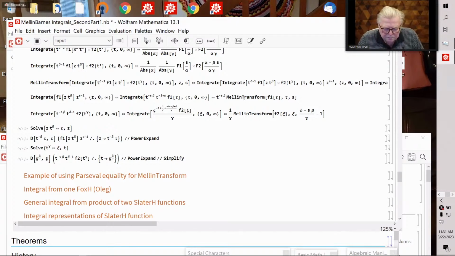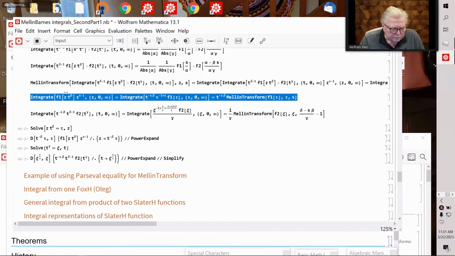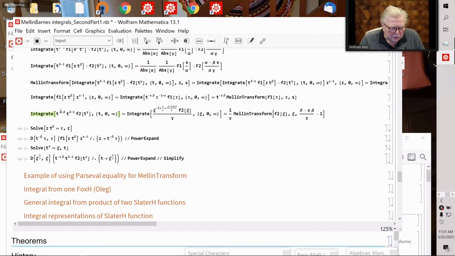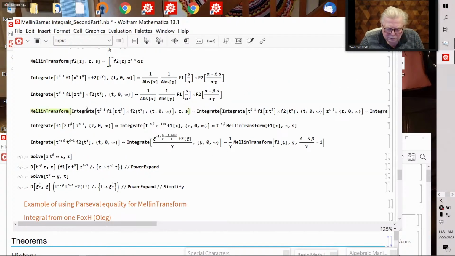At first, the integral from this expression I evaluate accurately, and the integral from this one is also done. And at last, I lost a little the Mellin transform of this one.